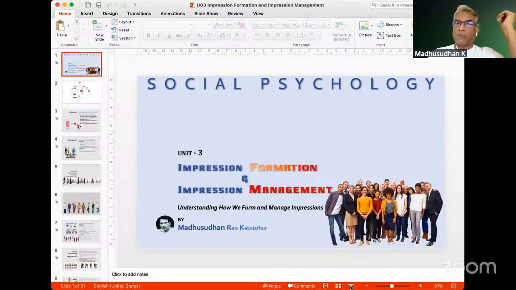Similarly, impression management is a technique used to control how others perceive us.